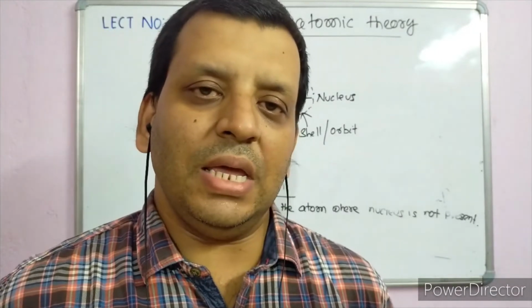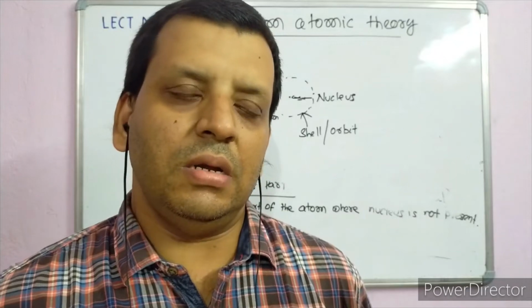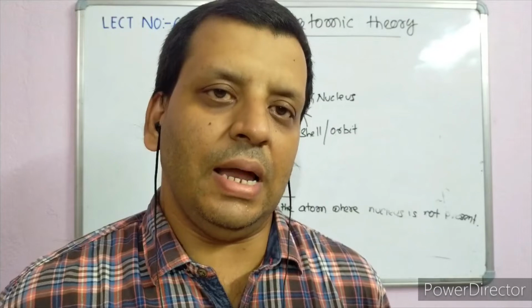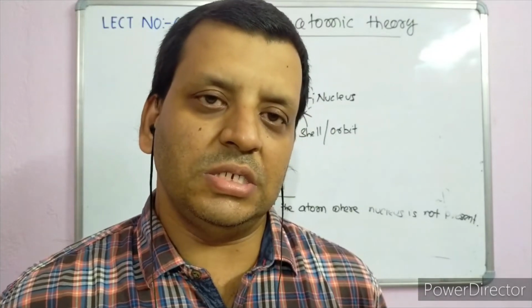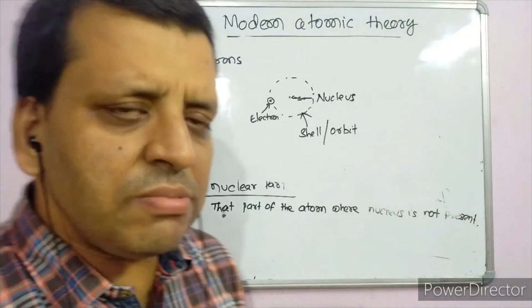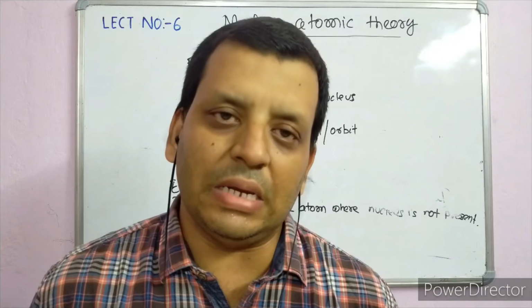There can be a number of shells depending on the number of electrons an atom consists of. Okay, so what is the maximum number of electrons that a particular shell can contain?